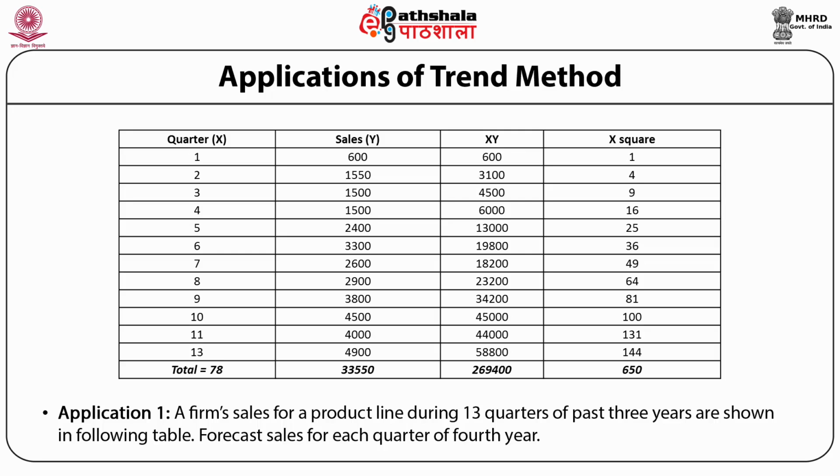Lastly, the fourth column gives us the values of square of the independent variable. Square of first time period, that is 1, is 1. Square of second time period 2 is 4, and so on. Sum of each column is given in the last row.